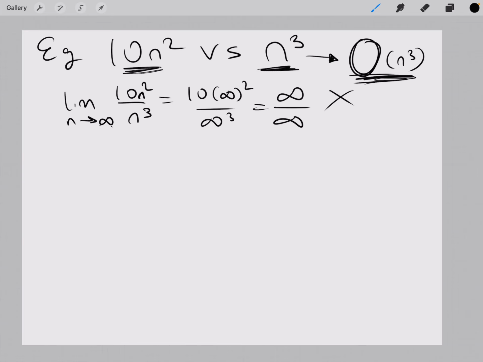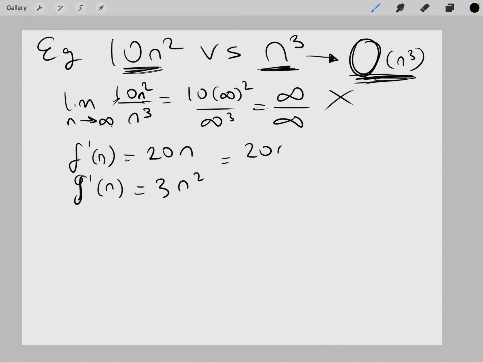So what do we do? We take the derivative. f prime of n is going to be 20n, and g prime of n is going to be 3n squared. If we put that in, we have 20n divided by 3n squared. Putting in infinity again, we have 20 times infinity divided by 3 times infinity squared, which is indeterminate.